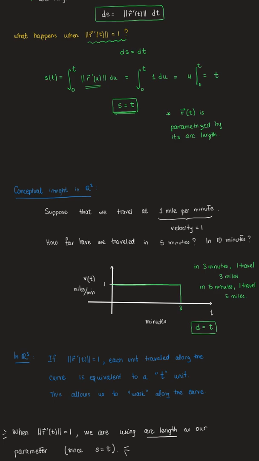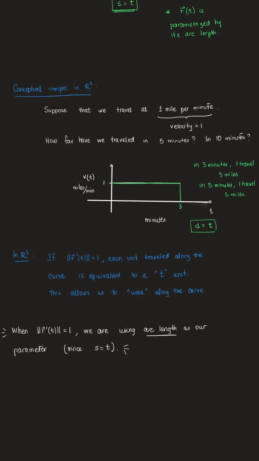So if we are going along our curve, here's my curve, and I go from here to here, that's the distance that I've traveled, and that's also the length of my parameter t. t and s are equal to each other. So it's like I'm walking along the curve, right?